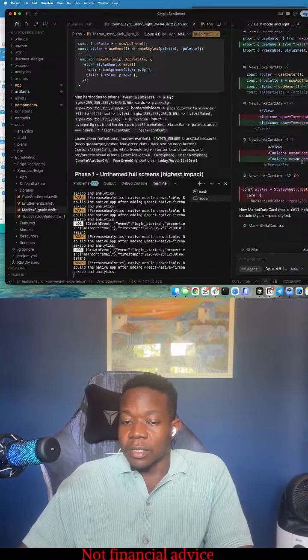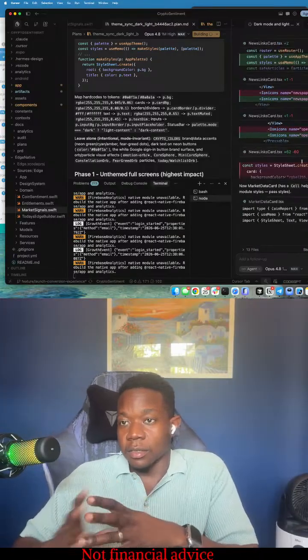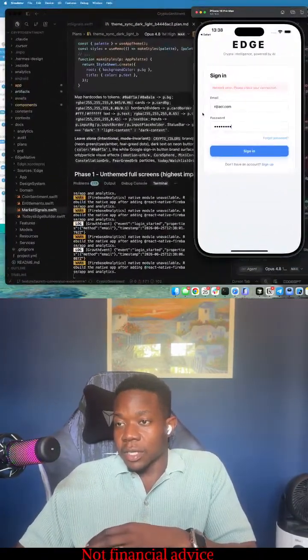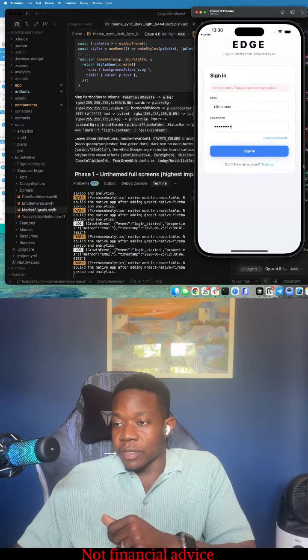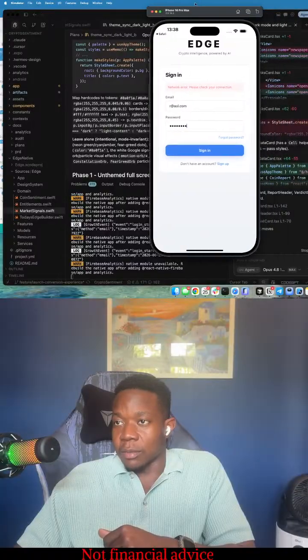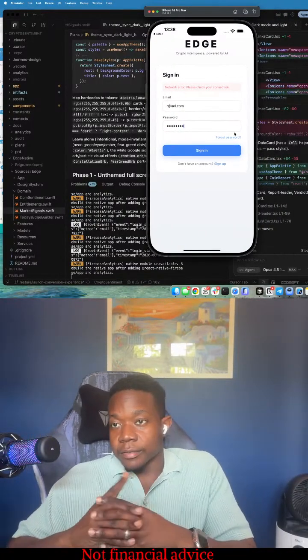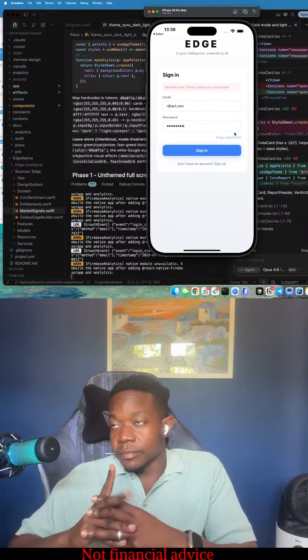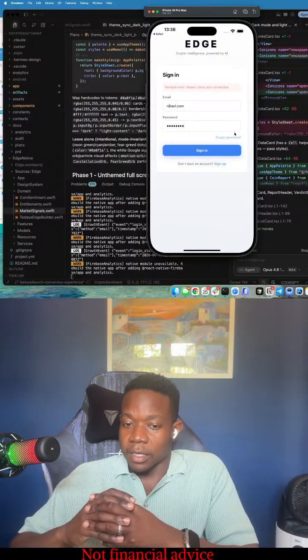Okay, still not going. I'm gonna let this finish. This is basically cleaning up the look, making sure that when it's in dark mode, it should be dark mode. It's probably gonna fix everything: dark mode related, light mode related, theming related. And then I'll pause the stream and see if I can come back and get this going.